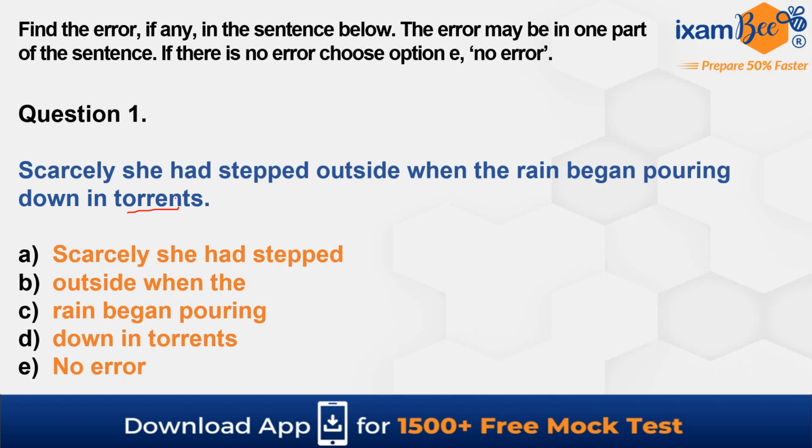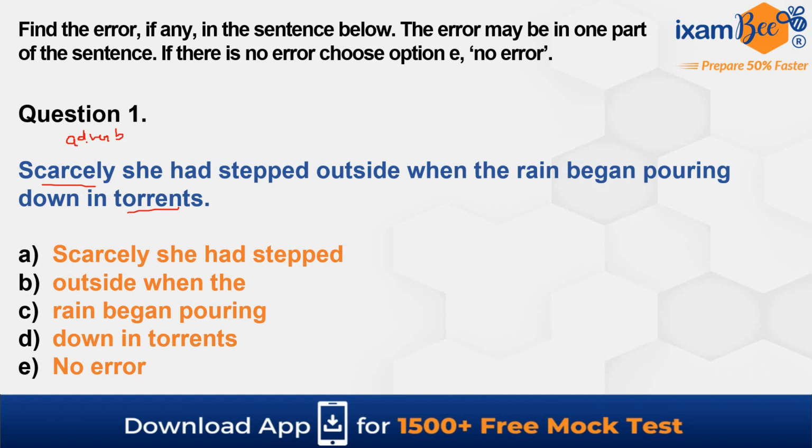So where does the error lie? As I said, you can pause the video, look at this, and try to think where the error can lie. Try to look at this sentence from various perspectives, right? You see the nouns, verbs, tenses, subject verb agreement, adverbs, adjectives, everything. So you see that we have placed an adverb in the beginning of the sentence.